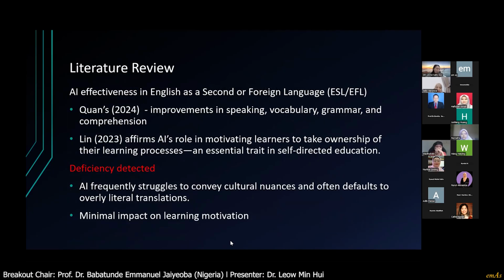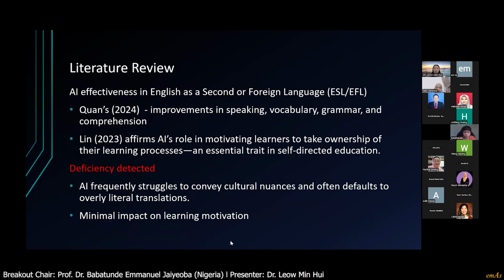In the field of ESL and EFL, research shows that AI can strengthen the speaking, vocabulary, grammar, and comprehension skills of learners. It also helps learners take ownership of their learning progress. However, challenges still remain.